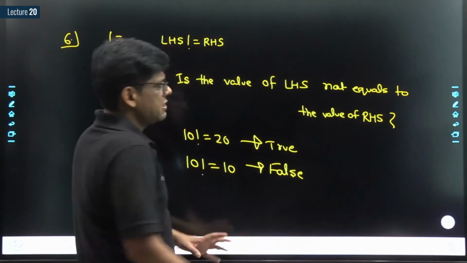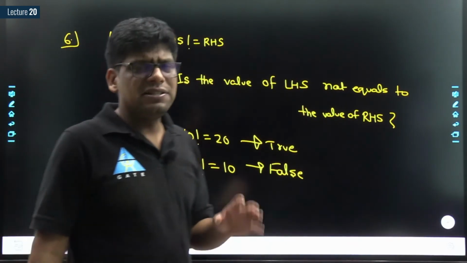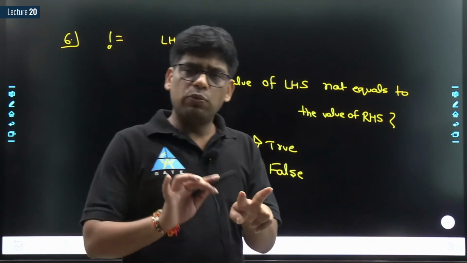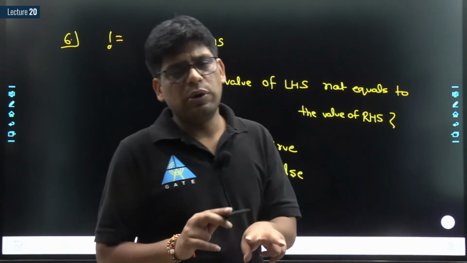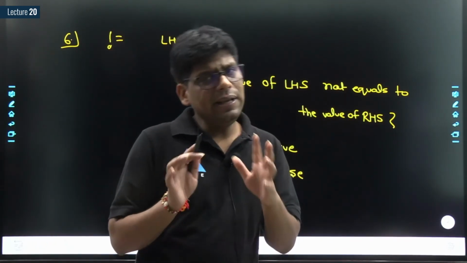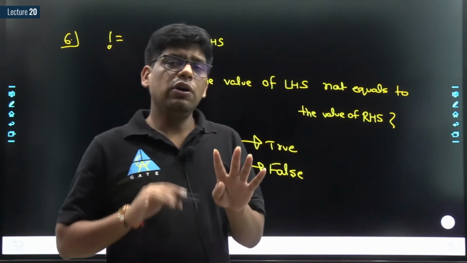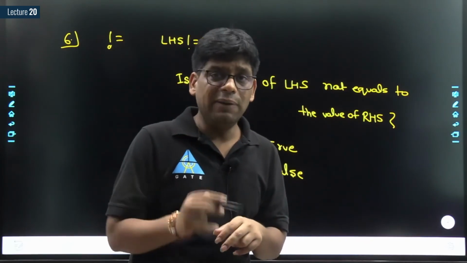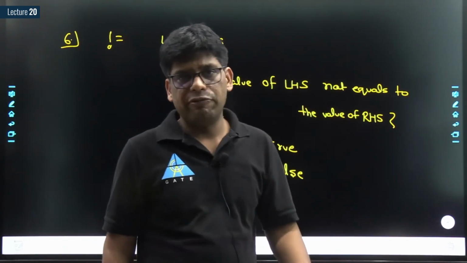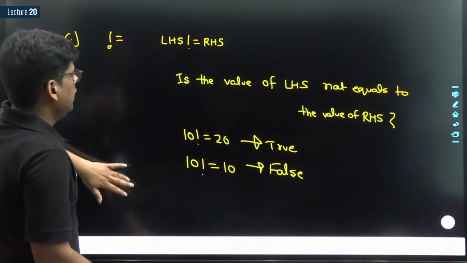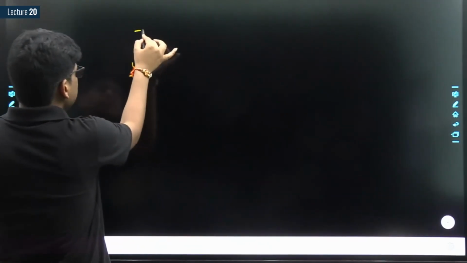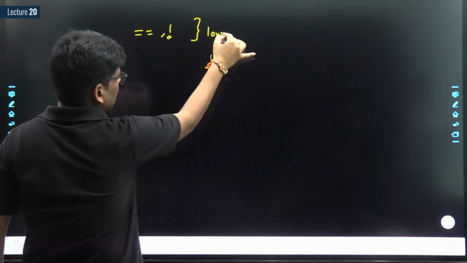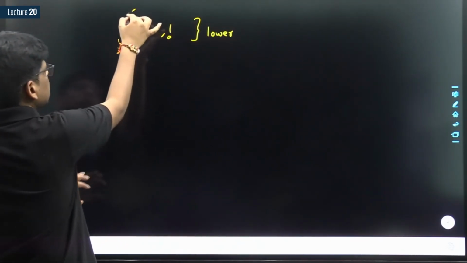So every relational operator is very easy. The only two things you need to remember are that the output of every relational operator is 0 or 1, and the priority and associativity. Sir, the priority of the 4 operators, less than, less than equal to, greater than, greater than equals to, is the same, and the associativity is from left to right. But the priority of these two is lower as compared to these 4.